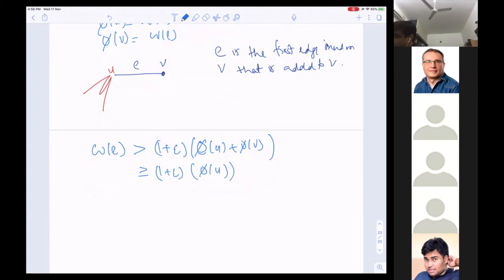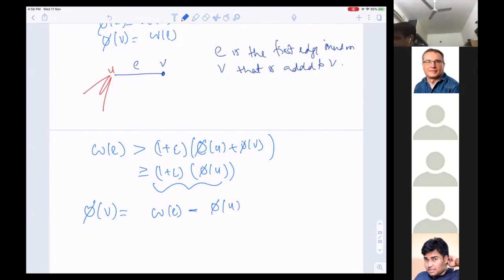Now, in this case, if you work a little bit, what do we need to show? We somehow need to show by how much... what is this quantity? 1 plus epsilon times phi u, right? This is what weight of E is. But what will you be adding? The potential of v you will be adding is, what is the potential of v we will be adding to? It is 0. So weight of E minus phi of u. This is what you will be adding.